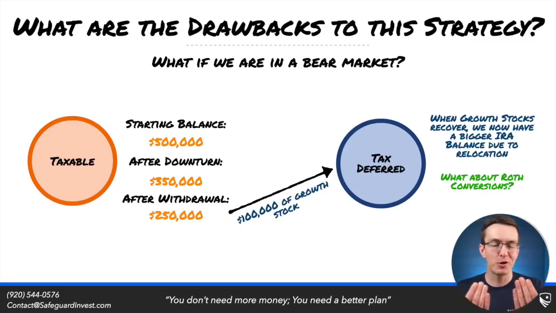Now, rather than have that recovery happen in the IRA, we have that recovery happen within the Roth. And so we basically ended up relocating to convert assets at a discount. We ended up with that relocating not only helping us from the annual tax situation, but now in our larger Roth conversion strategy here as well.